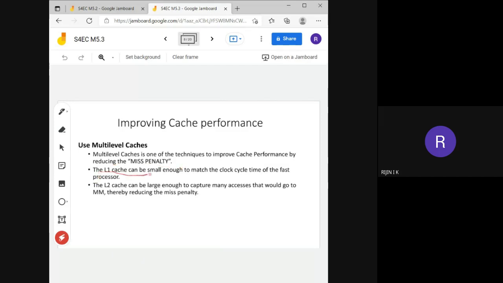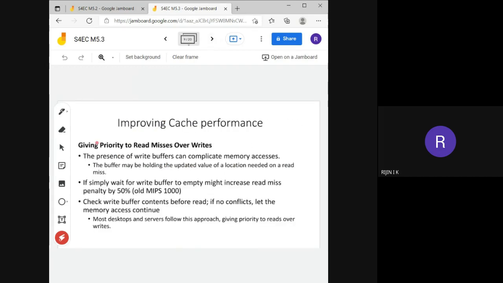The L1 cache can be small enough to match the clock cycle time of the fast processor, and the L2 cache can be large enough to capture many accesses that would go to main memory, thereby reducing the miss penalty. So by using multi-level cache, we can reduce the miss penalty and improve the cache performance.